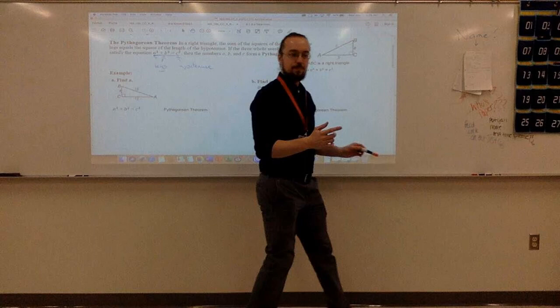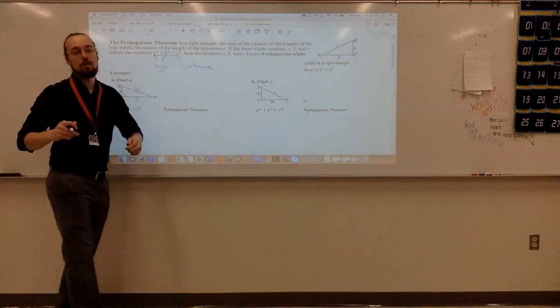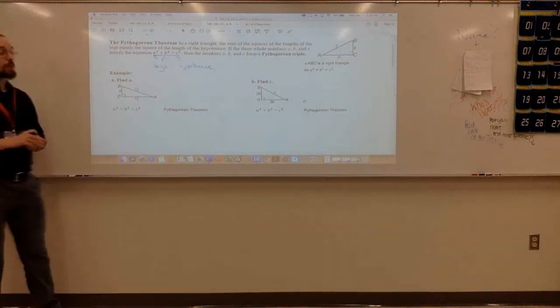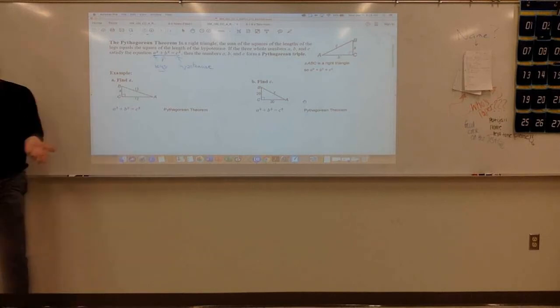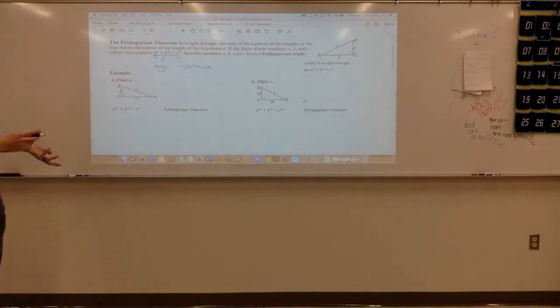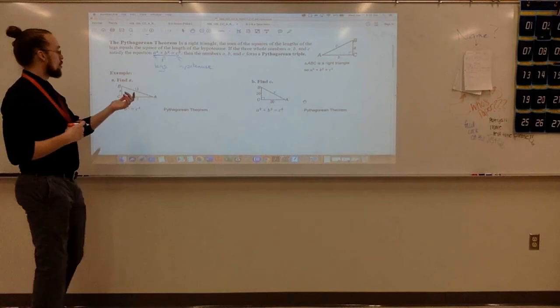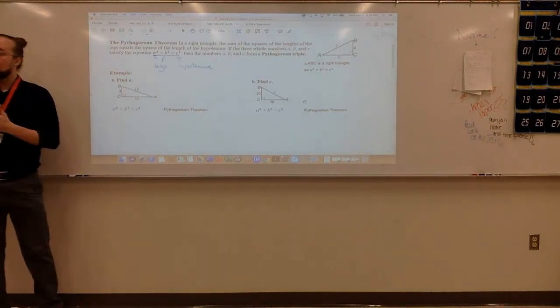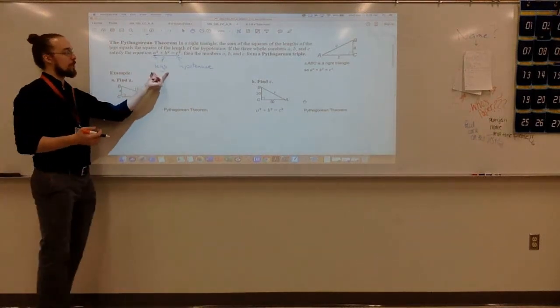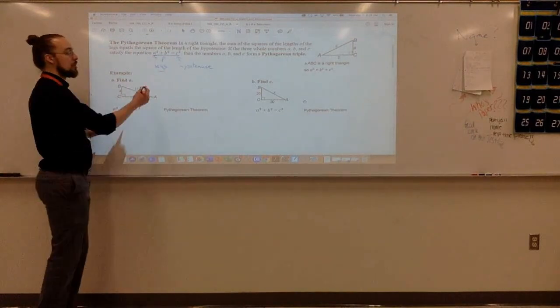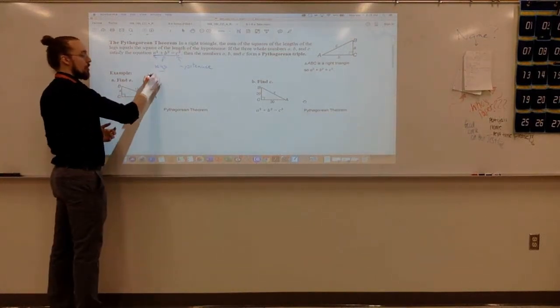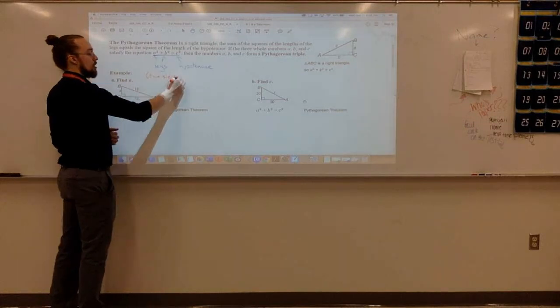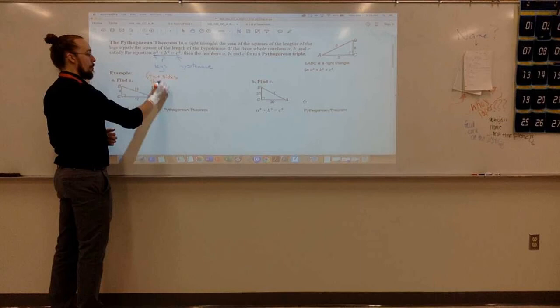The two legs added together have to be bigger than the hypotenuse, but that would be true of any triangle: the two smaller sides have to add up to be bigger than the third side. So one way of explaining what the legs are is to say the legs are the two sides that make the right angle.